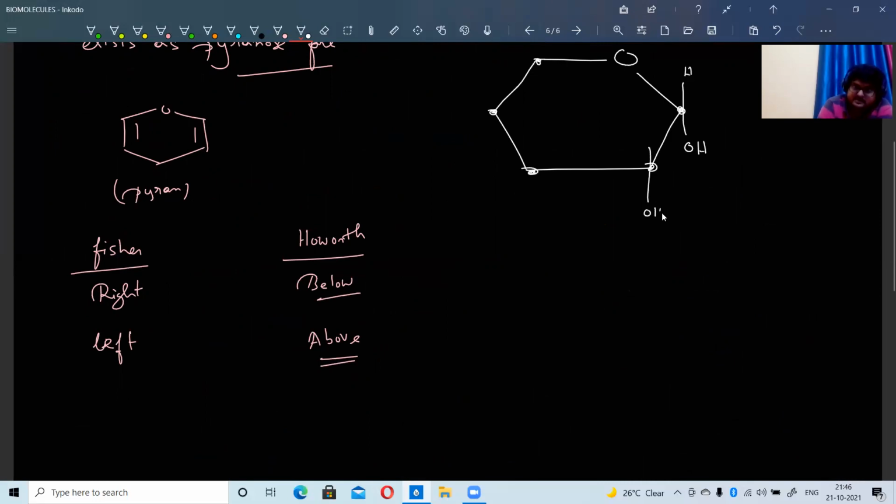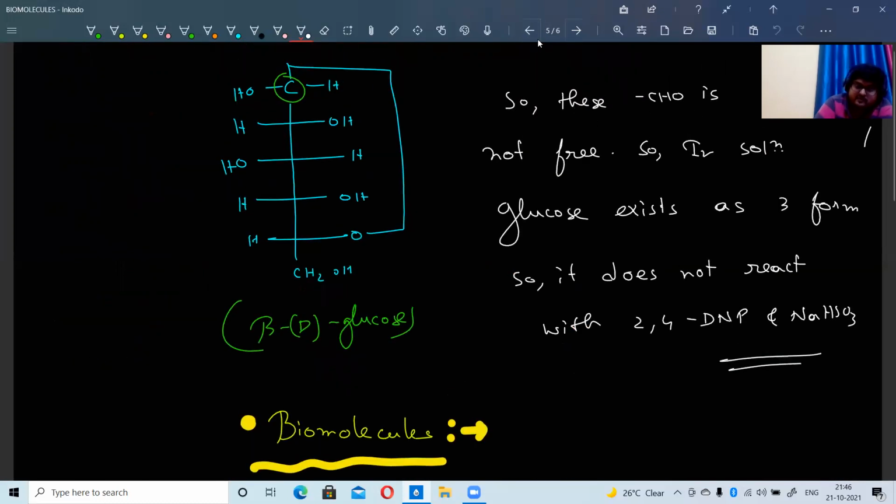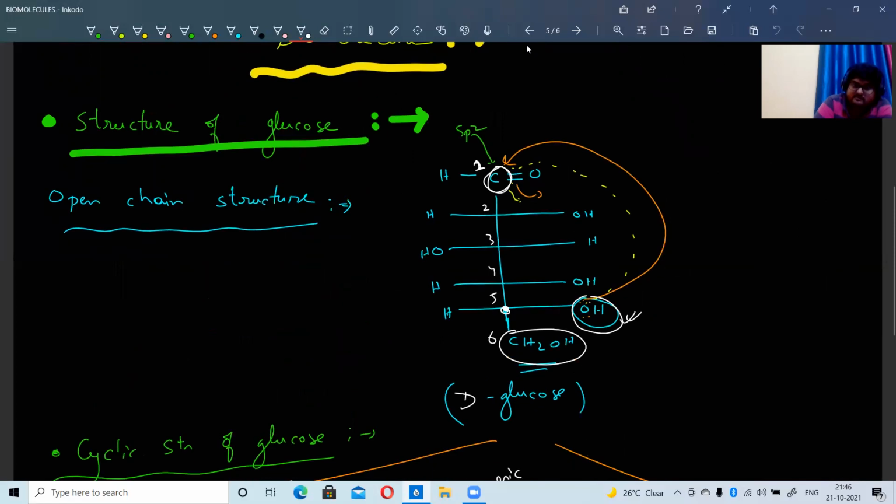Again, this one exists as below. The next one exists as the upper part because it is on the left. Again, this one, that means 2 3 4, then the fifth one. Fifth one, OH is again right hand side. Sorry, 1 2 3 4, fifth one. In the fifth case, basically oxygen attacks. Just a minute.